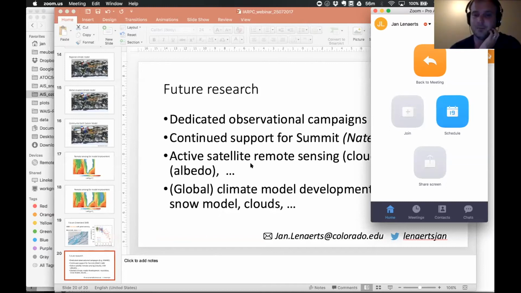So people tend to credit reanalyses for truth, but we should be very cautious in putting too much confidence in how they resolve clouds, for instance, and surface energy balance components over ice sheets.